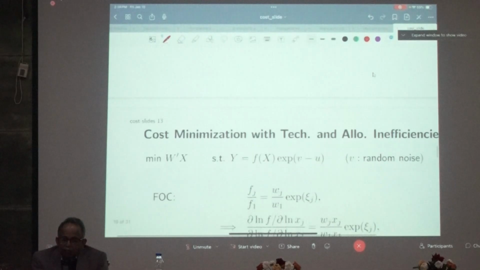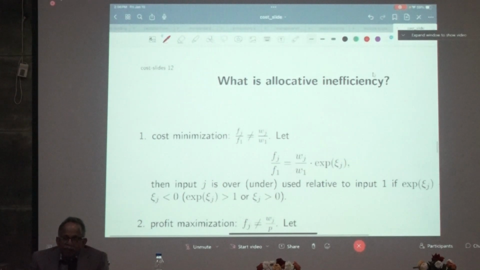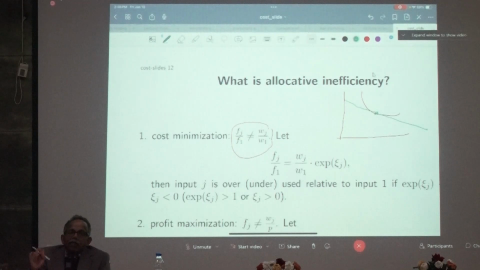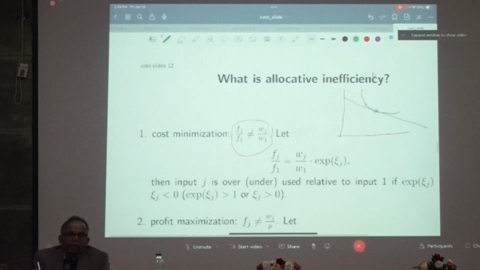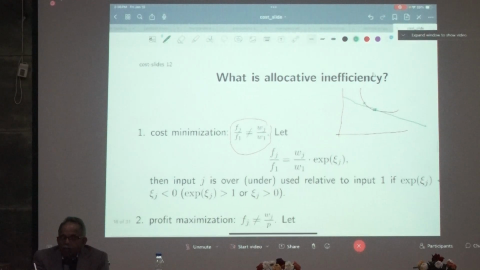Let me see whether I have a graph. No. Okay, what do you mean by misallocation? That means the first order condition is not exactly satisfied. When I was drawing the graph, I had this isoquant, and I was looking at a point of tangency, and I said this is the optimal point. I was assuming that everybody is doing that and nobody is making a mistake. But what happens if somebody is making a mistake, and instead of the optimal point, they are to the left or to the right of that?